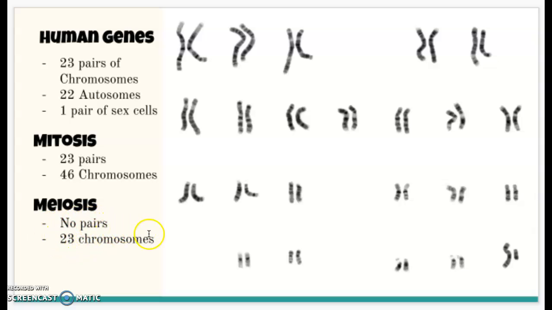There's just 23. So in meiosis, it's like they take one of each of these into a cell. Mitosis has all of these. It has all the pairs. Meiosis only has one.